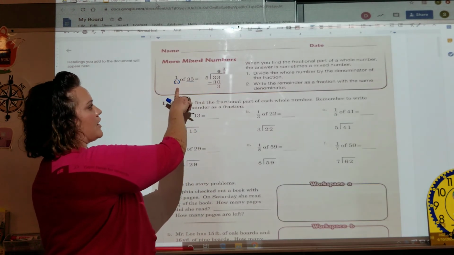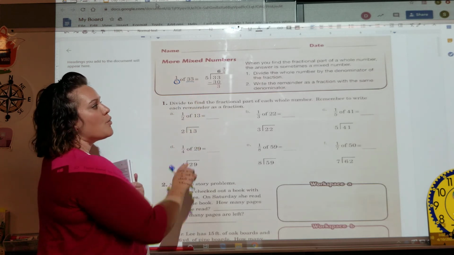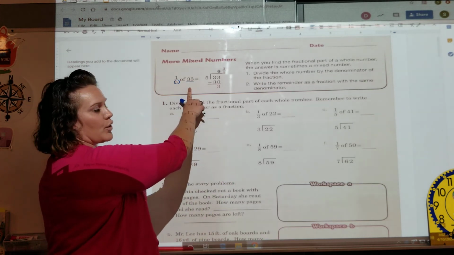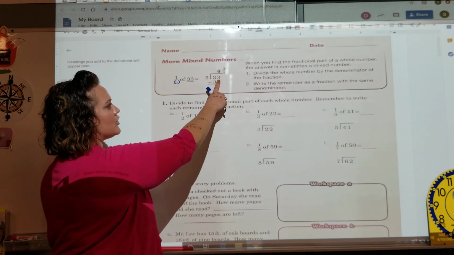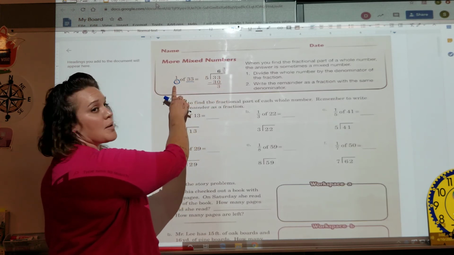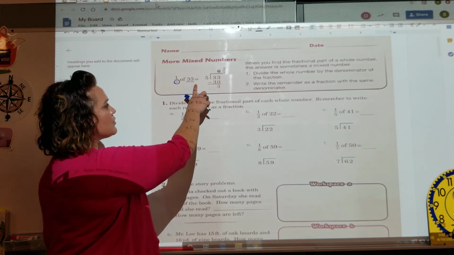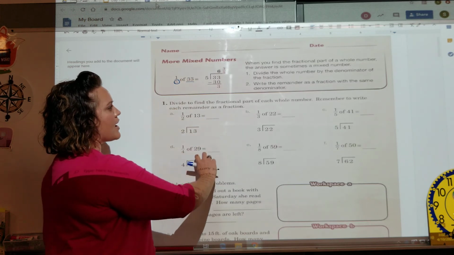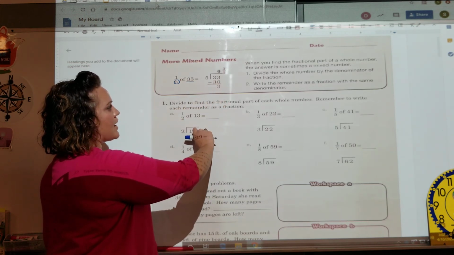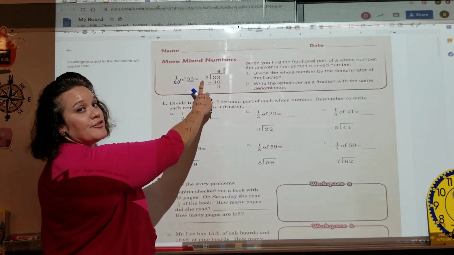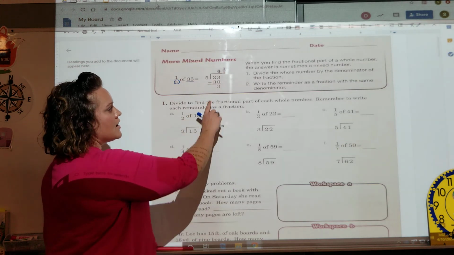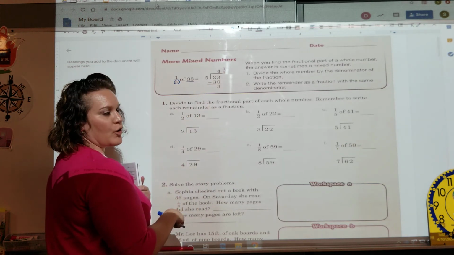We have 1/5 of 33. We're going to take our whole number 33 and do 33 divided by the denominator 5. Well, let's solve that together. 5 cannot go into 3, but 5 can go into 33.